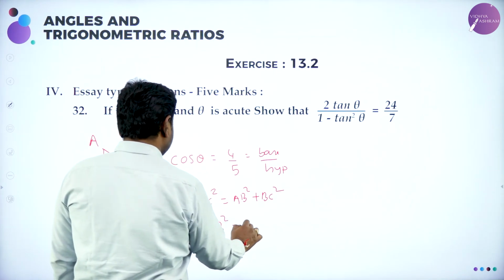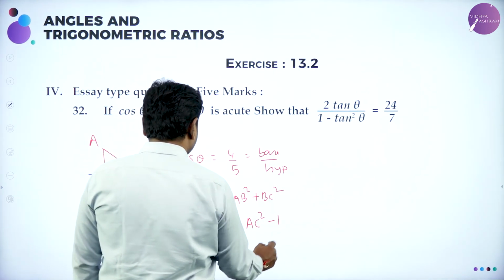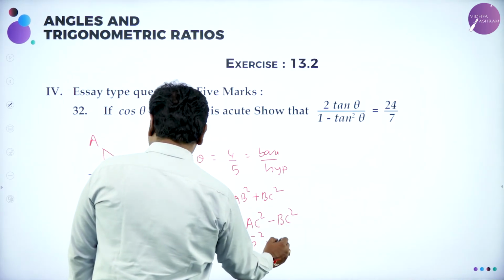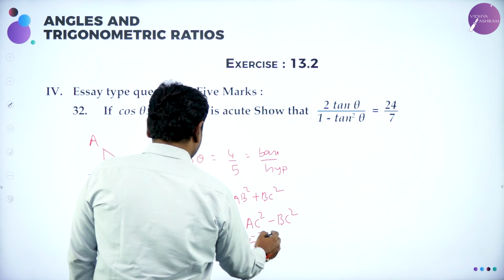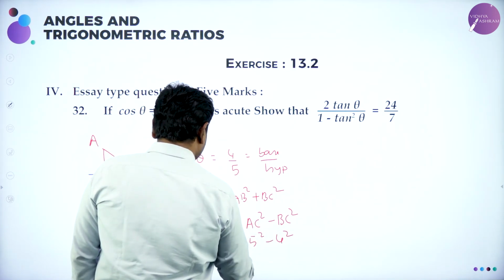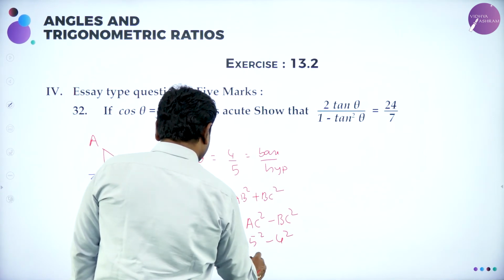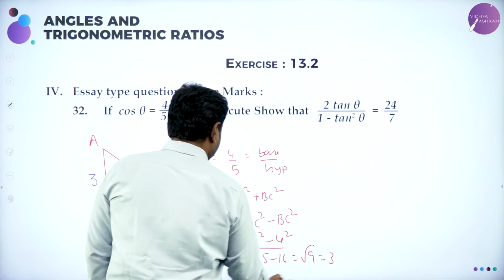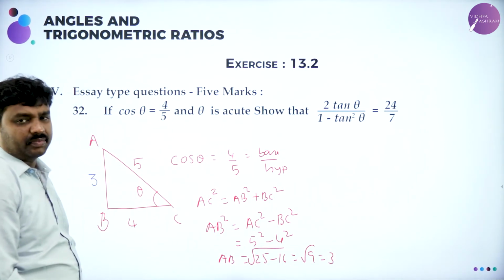So AB square becomes AC square minus BC square. AC is 5 square minus BC is 4 square, and AB is 25 minus 16 under root, 9, 3. Like this you can find the missing number, the Pythagorean triplet.